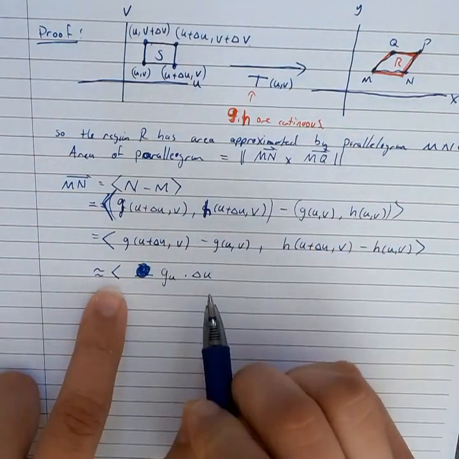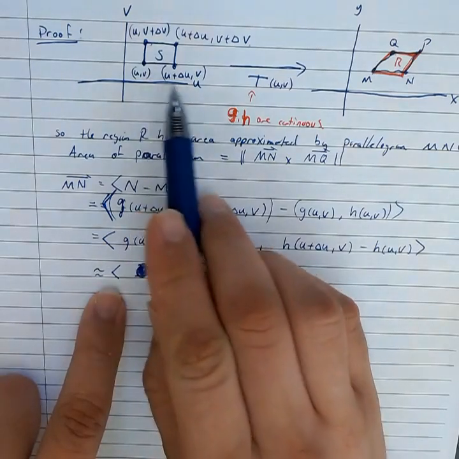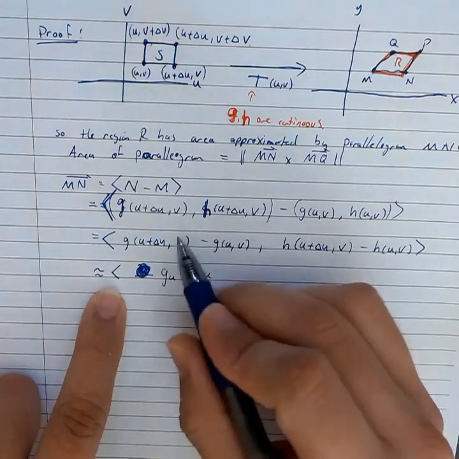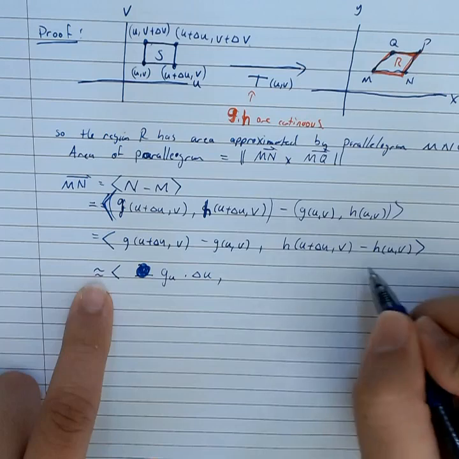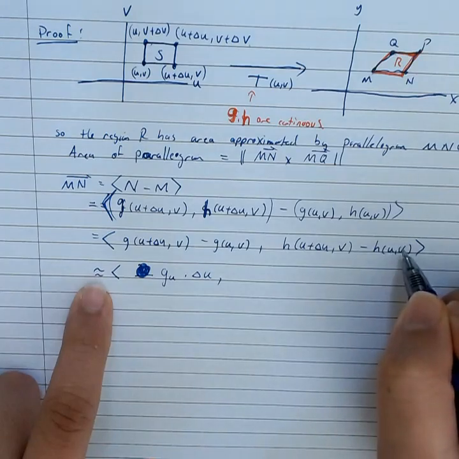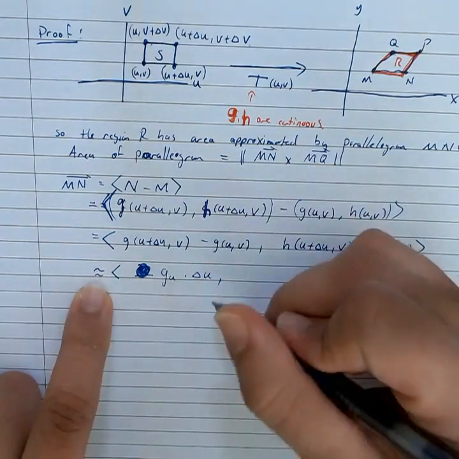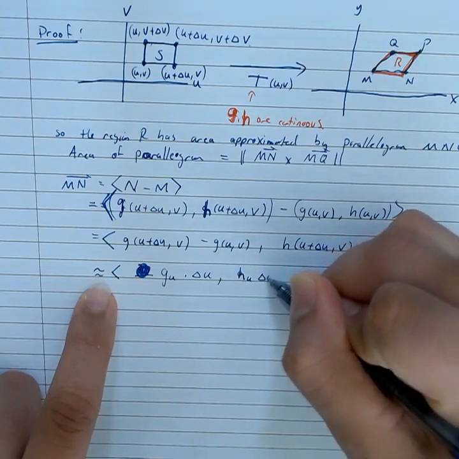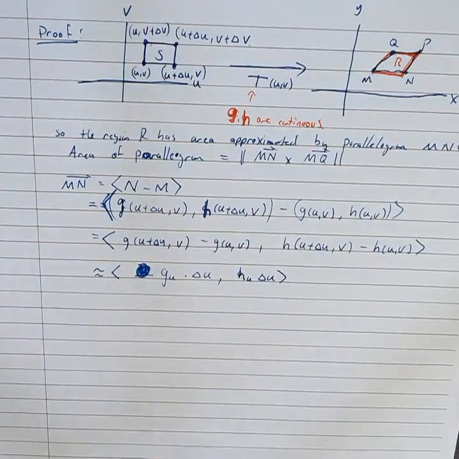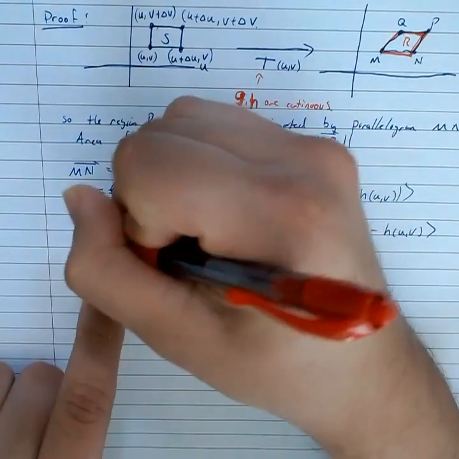And that's not exactly true, but since these numbers are all very close together, since delta u and delta v are very, very small, it's approximately equal to that. Likewise, this is the numerator of h sub u, or at least it almost is. So here we can write this as being approximately equal to h sub u delta u, like that. And again, this is okay because delta u is very, very small.